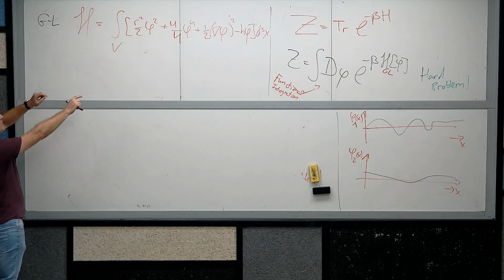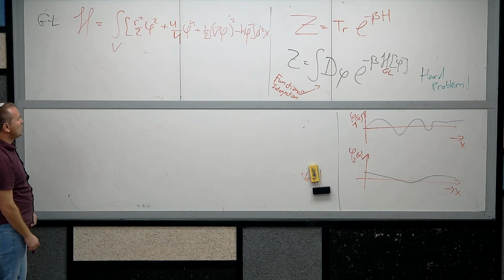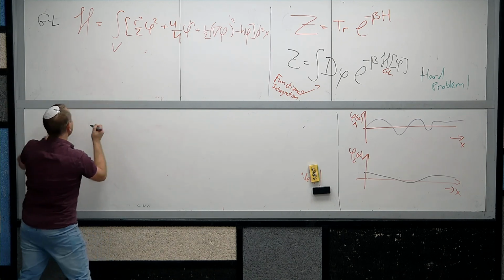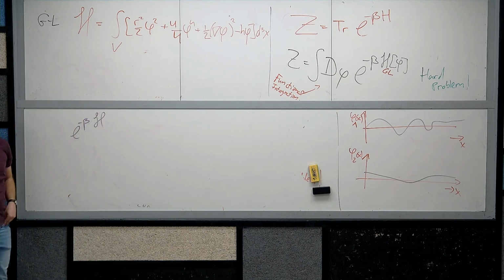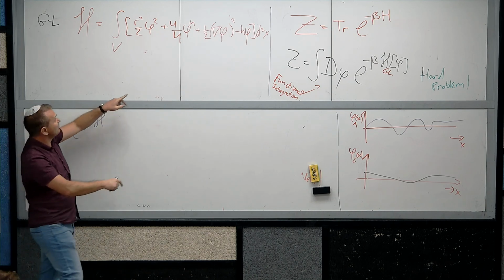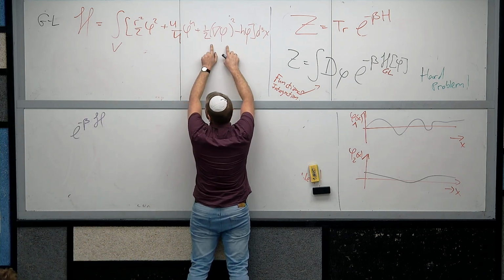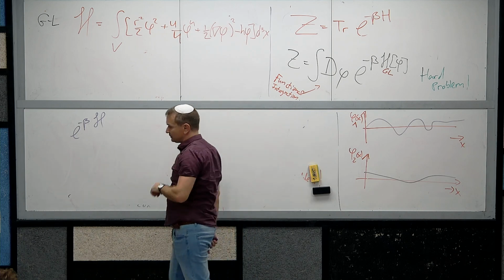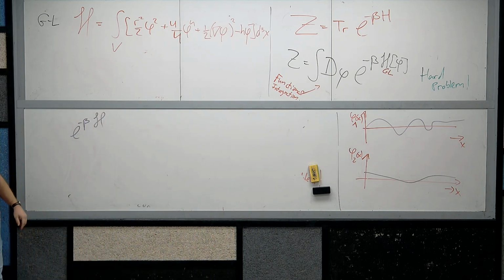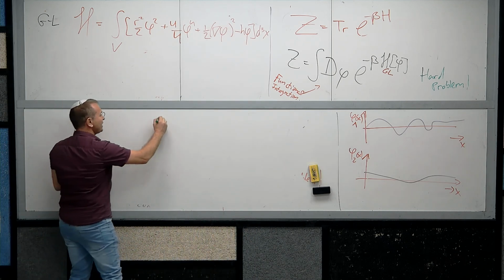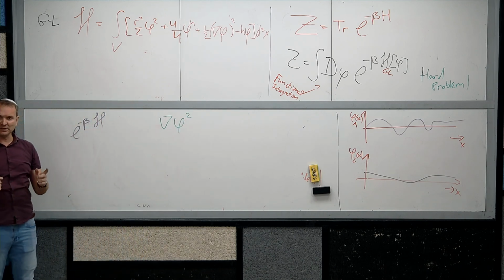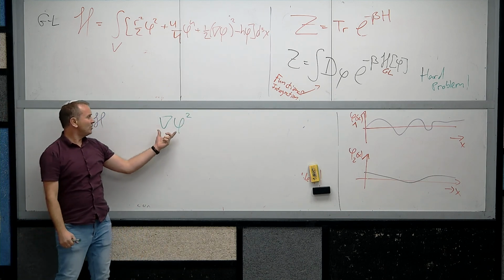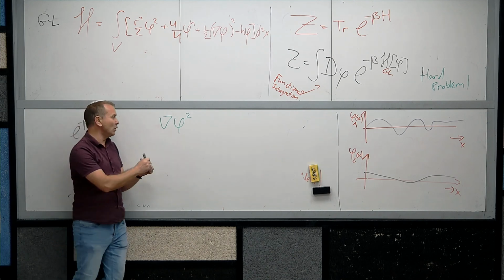So the idea is, well, look at this guy. So I have e to the minus beta h. Now inside this beta of h, I have a gradient of psi. Now it's not just gradient of psi, it's gradient of psi squared. This means that I have to integrate the moment that gradient of psi is not 0.